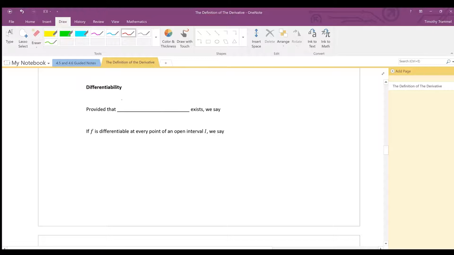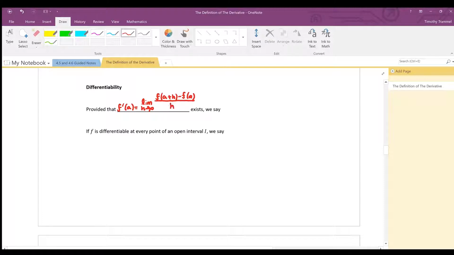So we have a new vocab word here, differentiability. Provided that f prime of a equals the limit as h approaches 0 of f of a plus h minus f of a all over h.